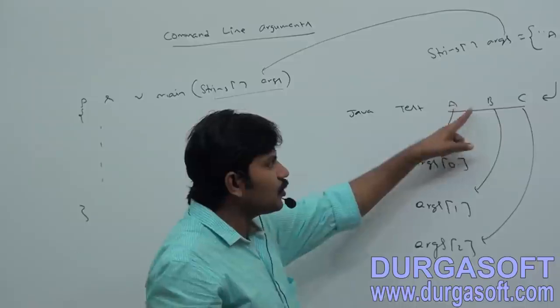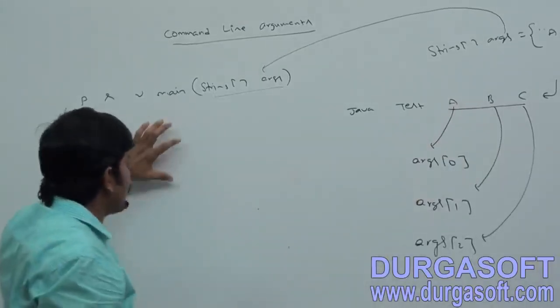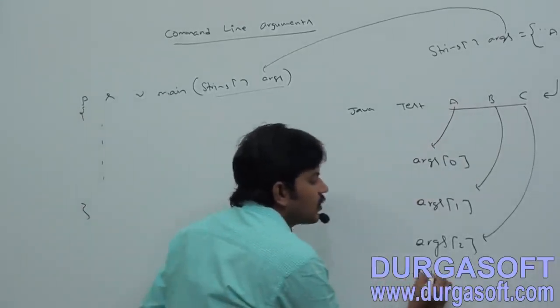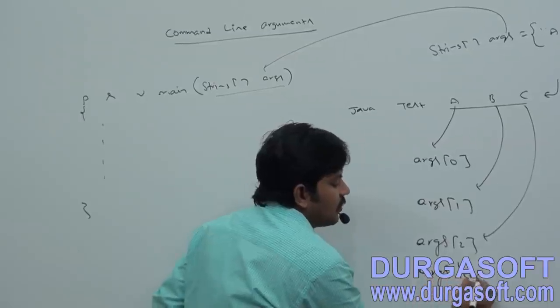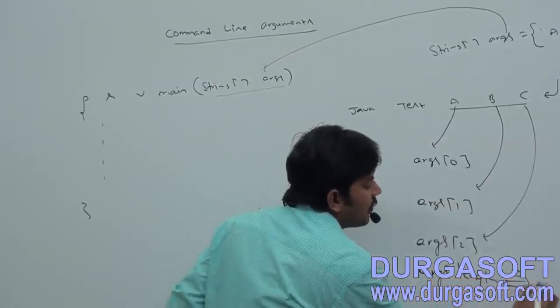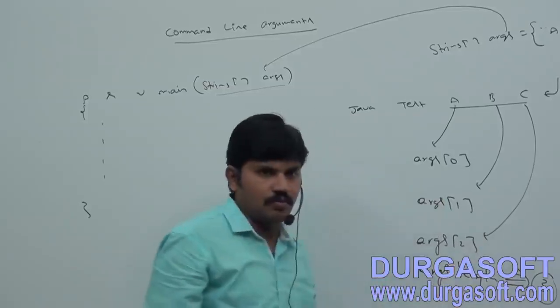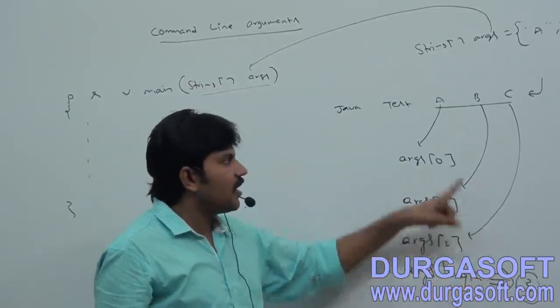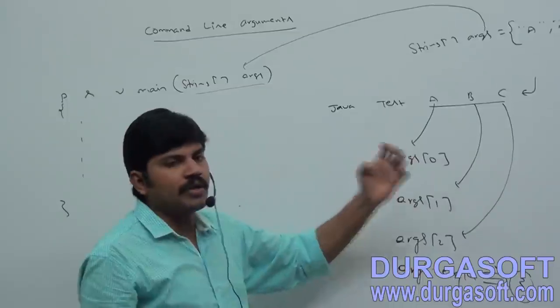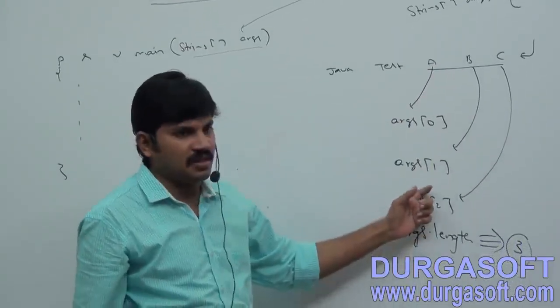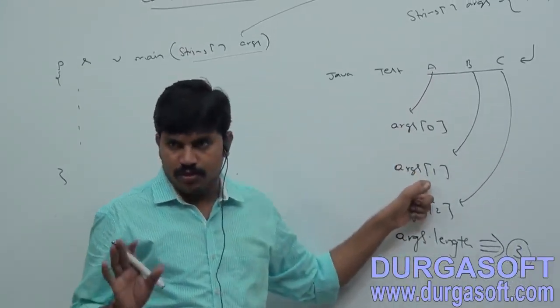And I want to know the number of command line arguments. Now args.length is nothing but how many command line arguments we passed? 3. I hope you are aware. Within the main method, this is the style to access these command line arguments.